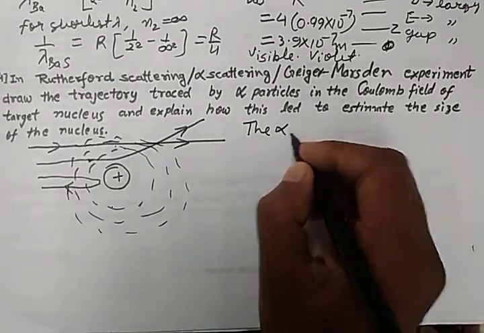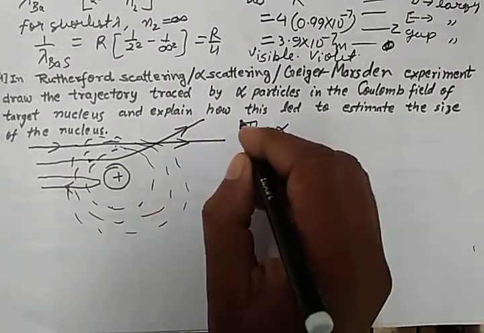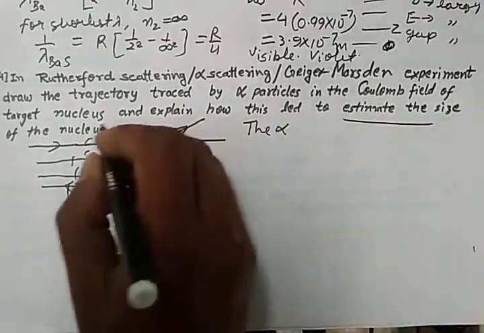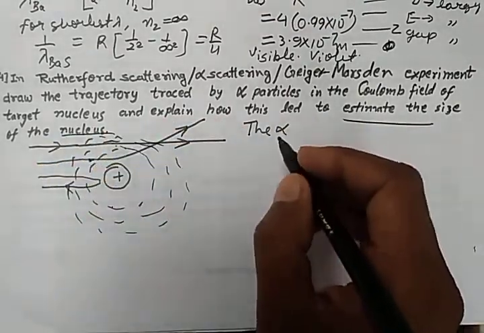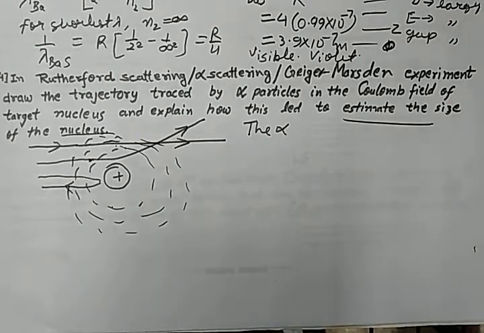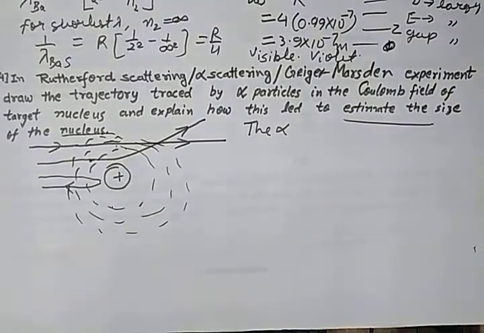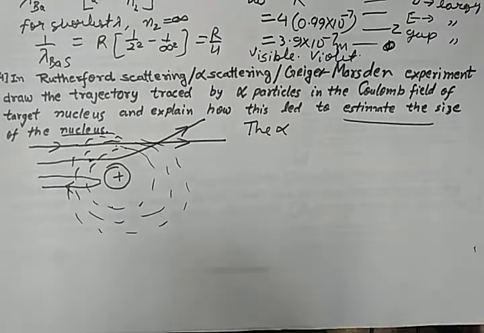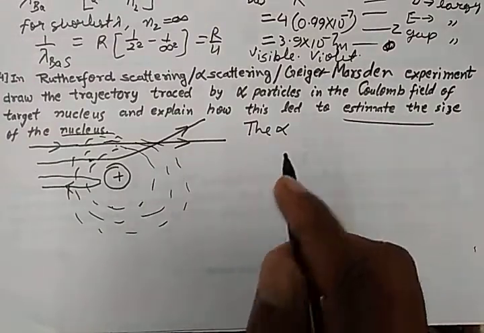The alpha particle is just for estimation of size of the nucleus. In my video I have covered it in the section where I taught the distance of closest approach. So you can refer to that, and here I am giving the summary.